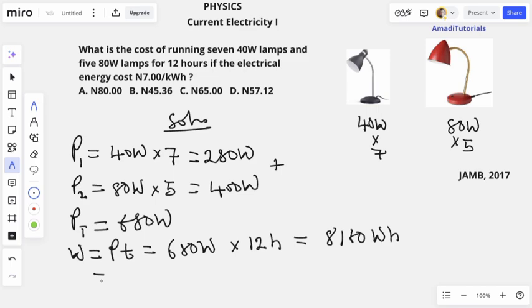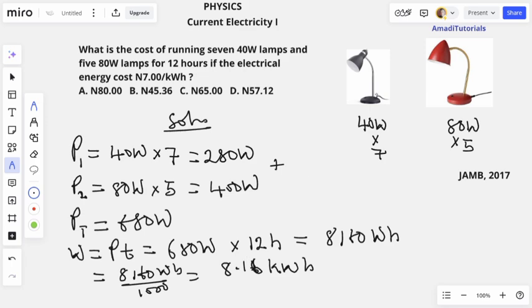However, commercial electrical energy is usually represented in kilowatt hour. So if you convert 8,160 to kilowatt hour, that will be divided by 1,000. If you divide it by 1,000, that will give you 8.16 kilowatt hours.